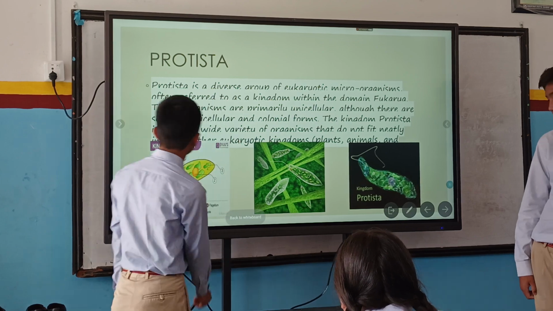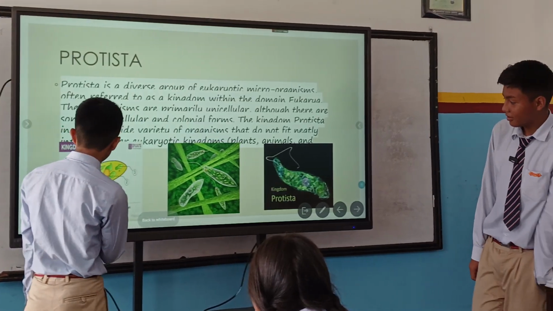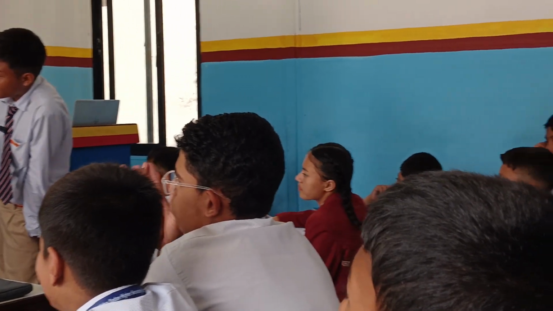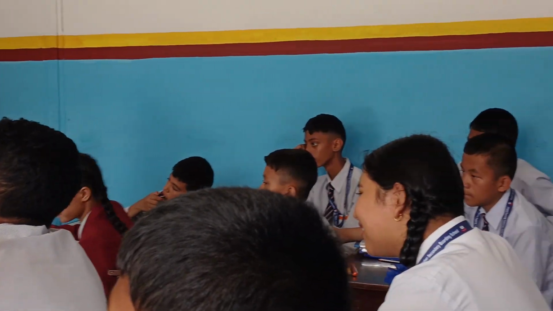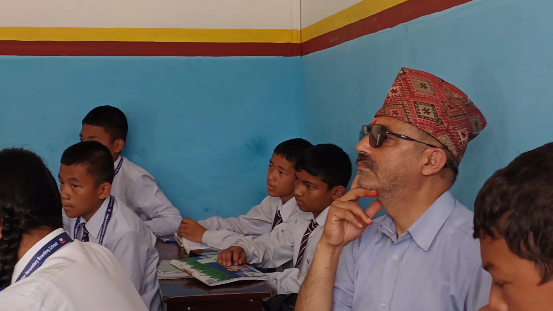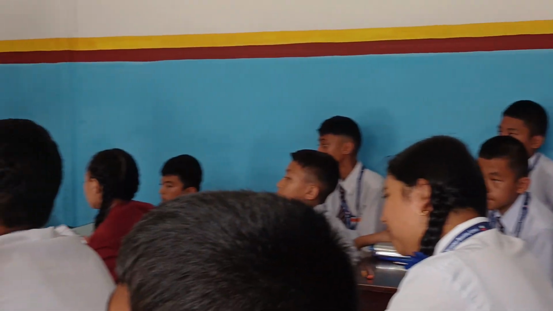And as you all can see in these pictures, we have kingdom Protista microorganisms. Their body contains pellicle, nucleus, chloroplast, flagellum, eye spot, and contractile vacuole.